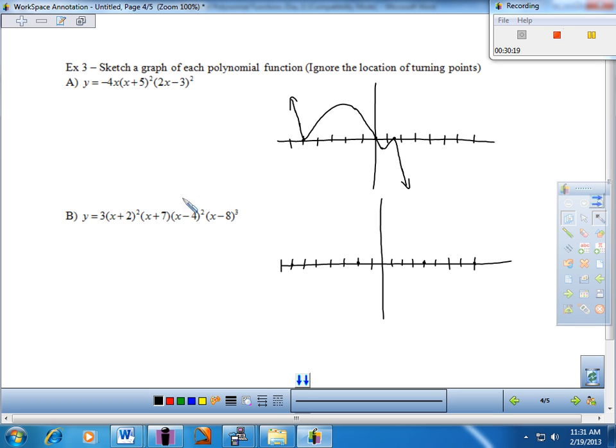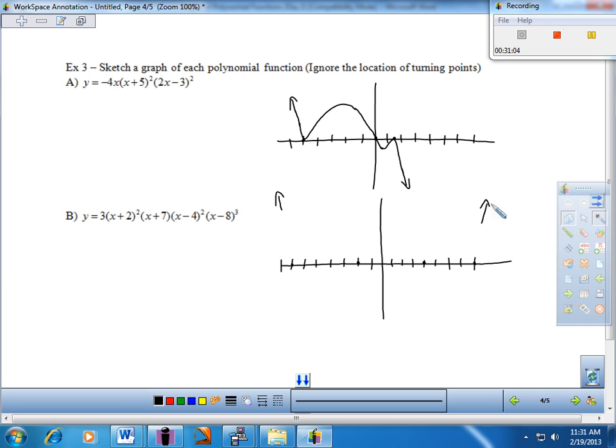So if I made you multiply this out, which would be crazy, you would get a big x to the 8th out in front with a 3 actually as the leading coefficient, so it would be a 3x to the 8th. And because that leading coefficient is positive, that means we're talking rise, rise. Even polynomial degree and positive leading coefficient. So rising to the left of that and rising to the right of that.